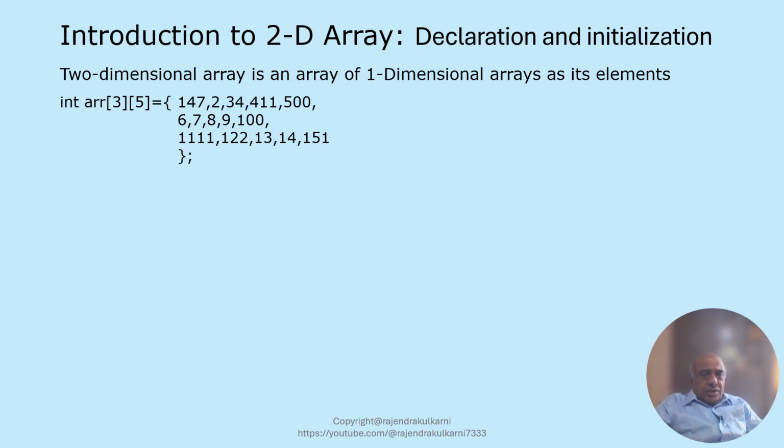So what this statement does is declare the array of dimension 3 and 5 and also initialize it at the same time, declaration and initialization at the same time.